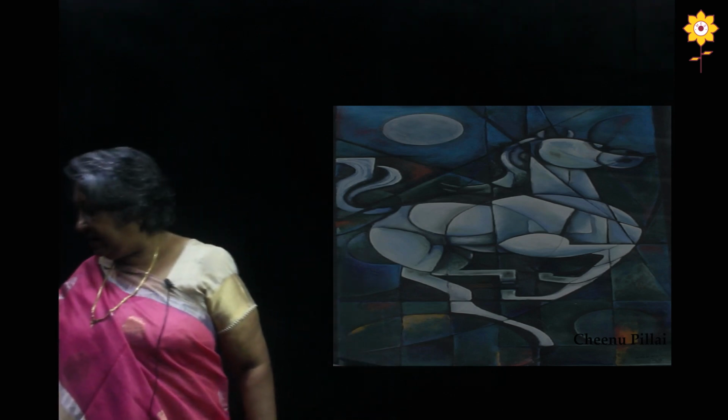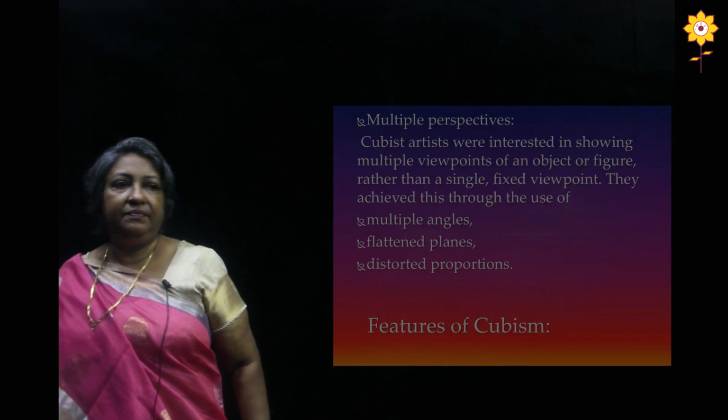Now this is one example of the modern style of art, where you could see that the painter has represented some kind of imagery, but the picture looks broken down. The picture is depicted from various angles. We will see some of the features of this type of art.